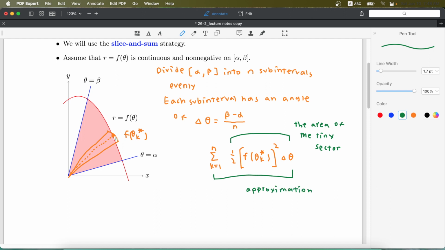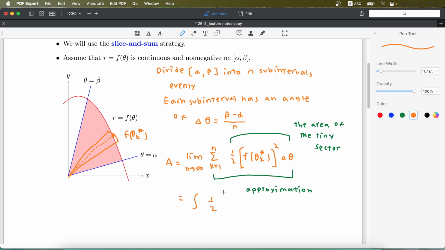You can see that right here we have something we overcount and something we didn't count, so this is just an approximation. In order to get the accurate value, we will take the limit as n goes to infinity. That will be our area. The limit of the sum becomes the integral.